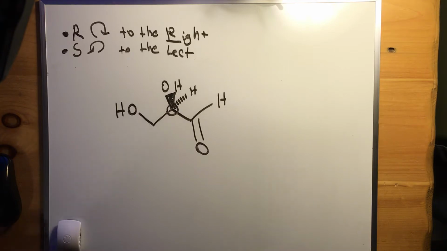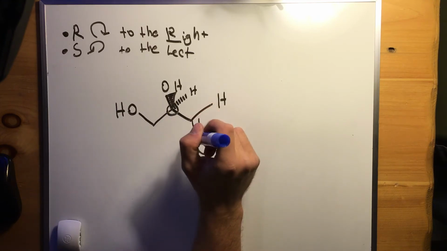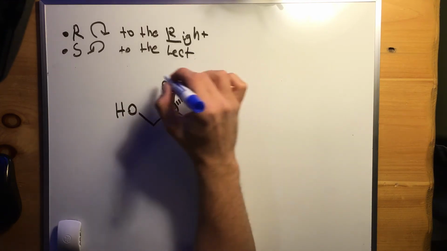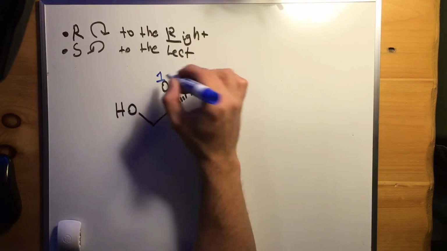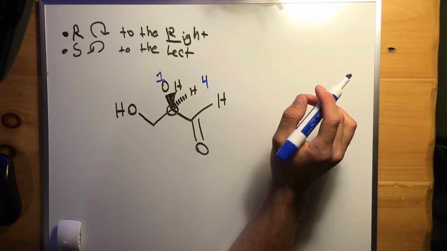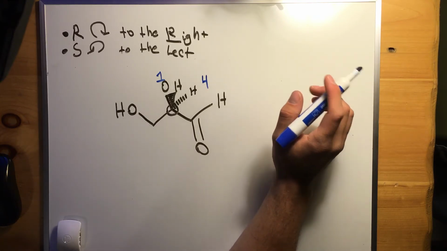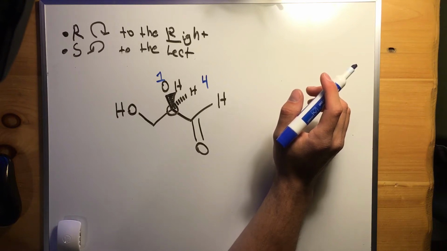So first, let's bump out one step to here: carbon, oxygen, hydrogen, carbon. So we know that this is group 4 and this is going to be group 1 because oxygen takes the biggest priority. It has the highest atomic number.